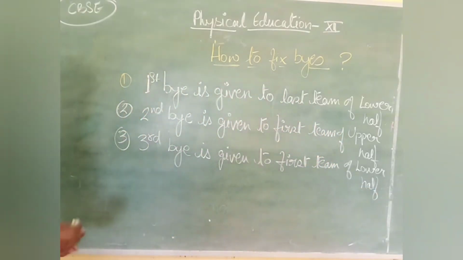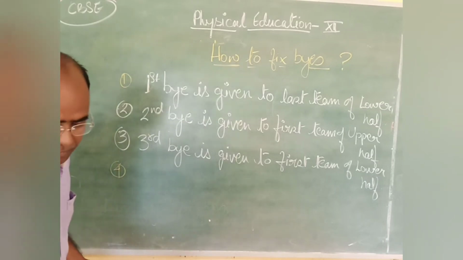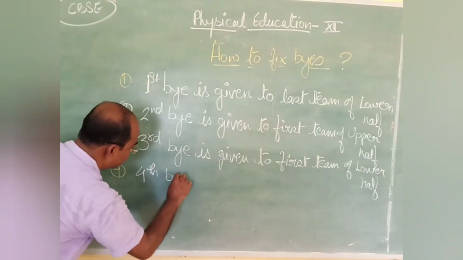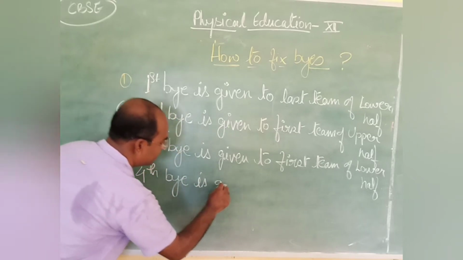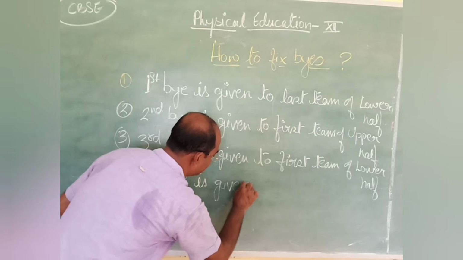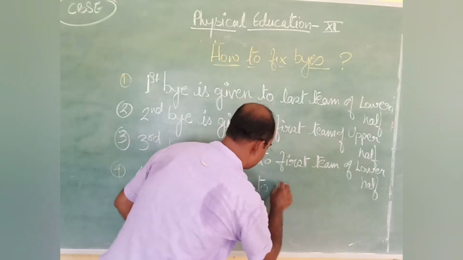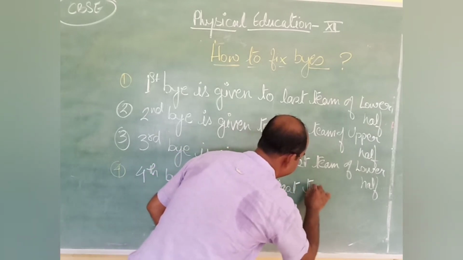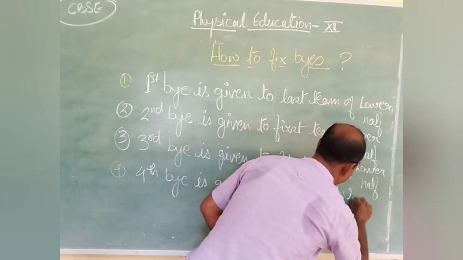Then fourth buy is given to the last team of upper half.